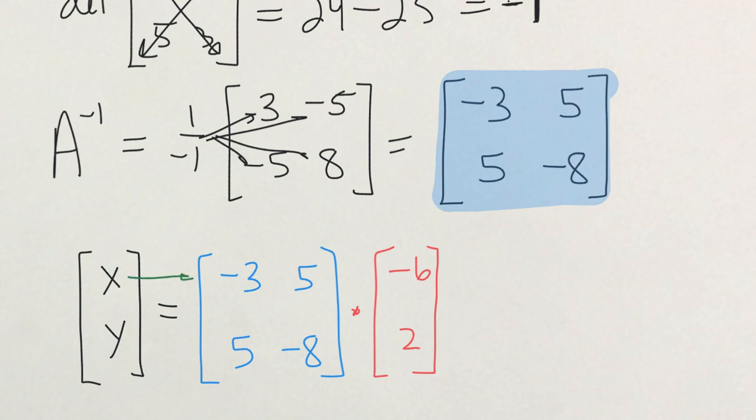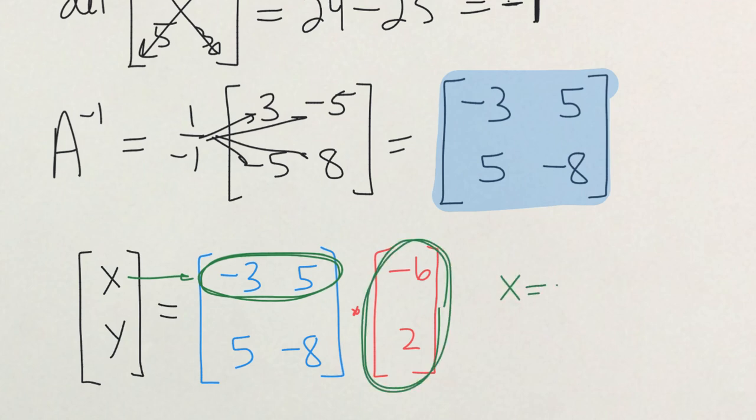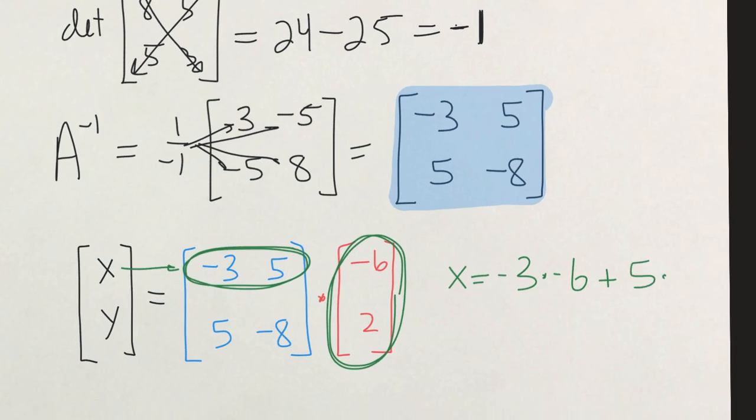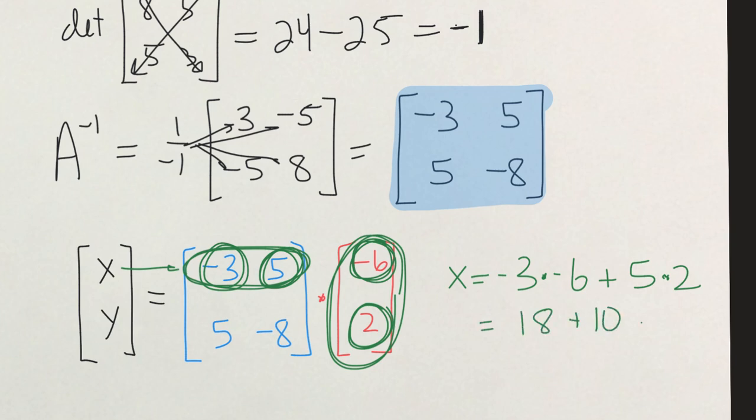X is this row times this column. -3 times -6 plus 5 times 2. First position -3 times first position -6 plus second position 5 times second position 2 is positive 18 plus 10, which is 28.